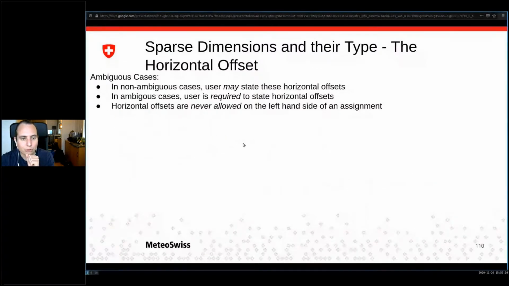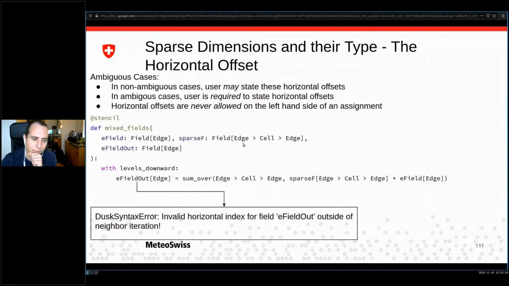However, what you may never do is write a horizontal offset, just like it's forbidden to write a vertical offset in a write. So here Dusk would again complain with a syntax error that your horizontal index is used outside of a neighbor iteration.